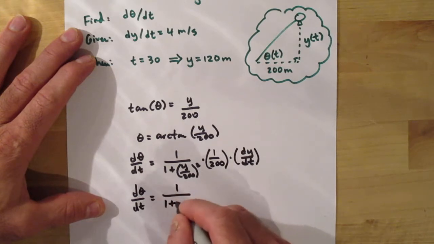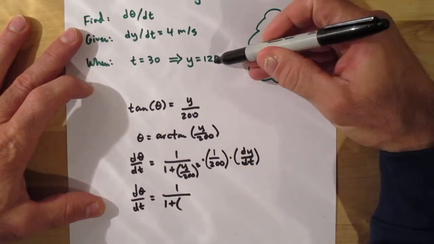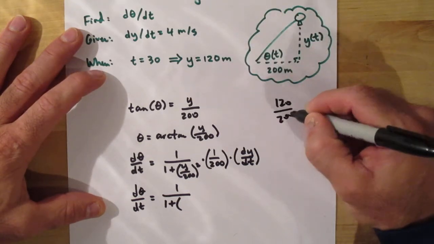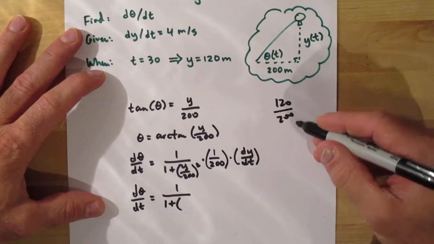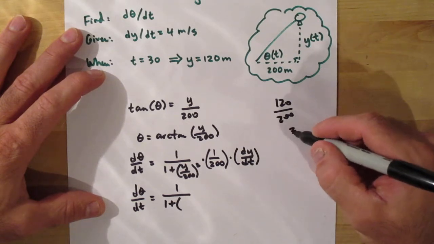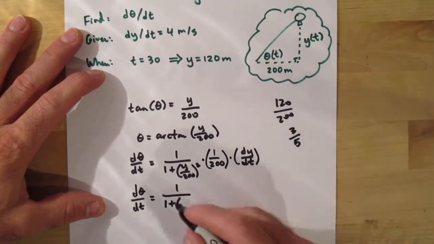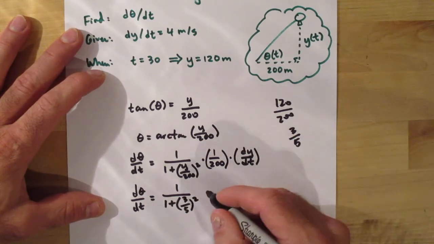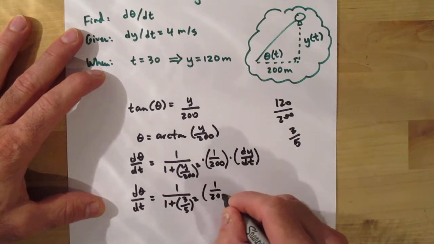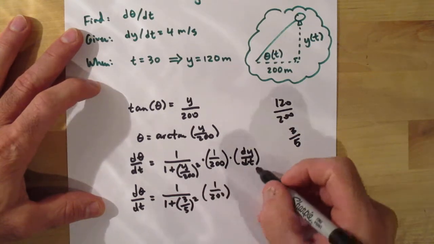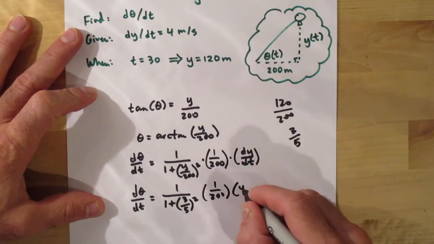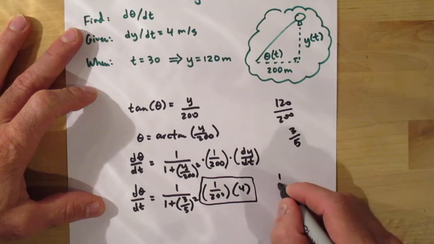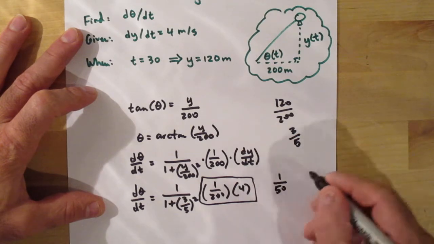That'll be 1 over 1 plus, let's look at y. Y is 120. So 120 over 200 would be the same as 3/5, I believe. So that'd be 3 over 5 quantity squared times 1 over 200 times dy/dt, which is 4. So this piece right here is going to reduce to 1 over 50.